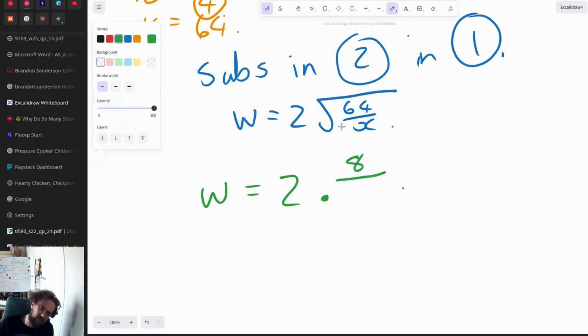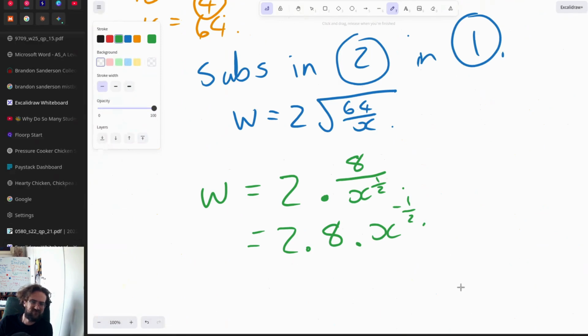And this is a square root, so that's going to be x to the power of 1 over 2. Okay. So let's leave all our exponents on top. 2 times 8 times x to the power of negative a half. Isn't that fun? Now we can just multiply, 2 times 8 is 16, so that's 16 x to the power of negative a half.